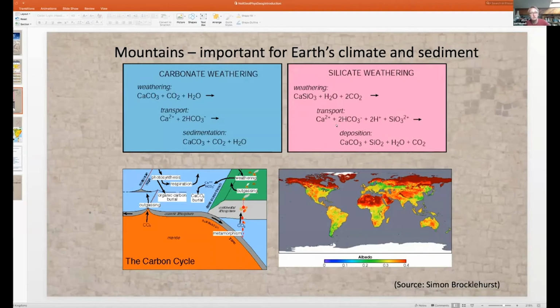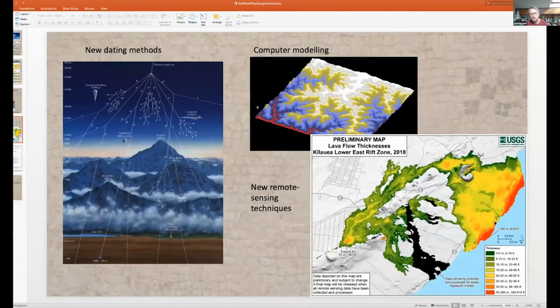So mountains can remove CO2 from the atmosphere through the global chemical cycle and ultimately affect Earth's climate. It's an exciting subject because of a huge range of new techniques that have become available over the last 20 or 30 years.